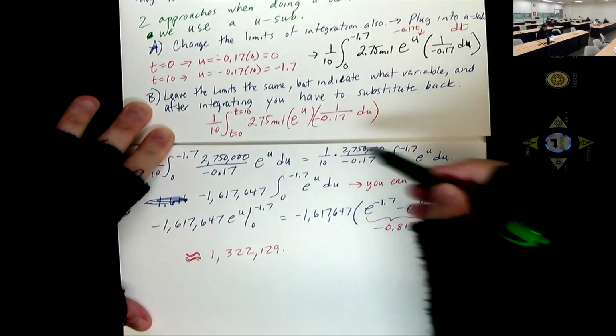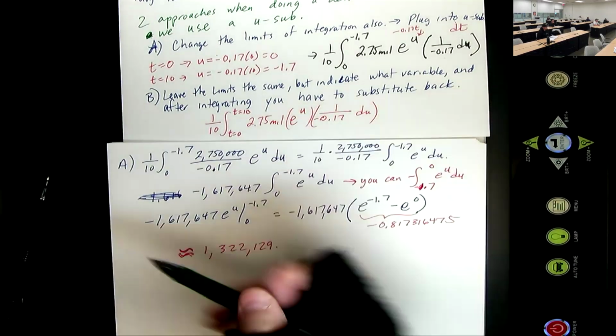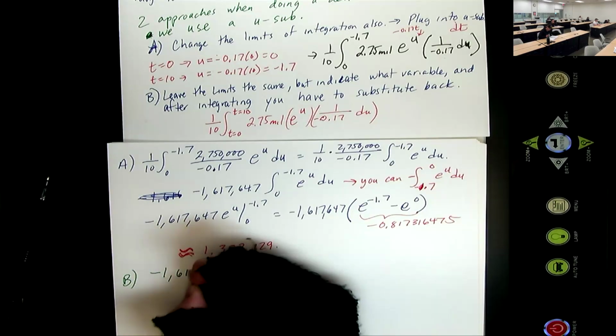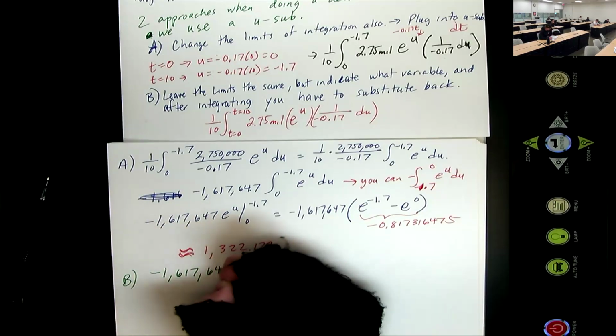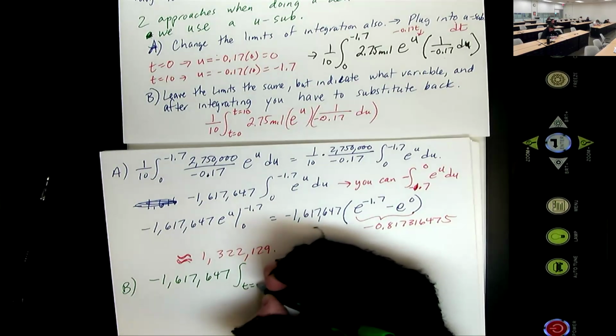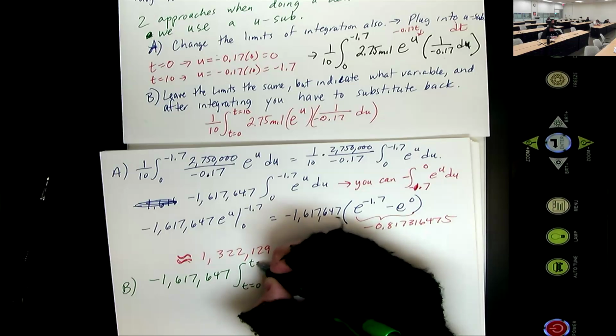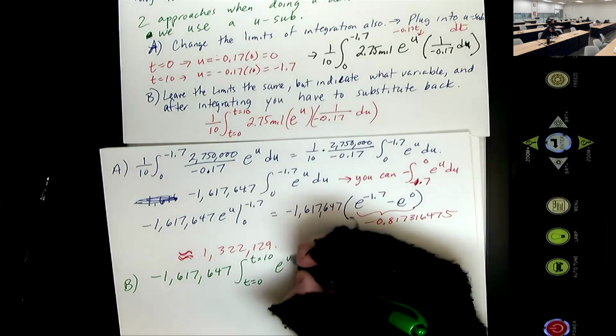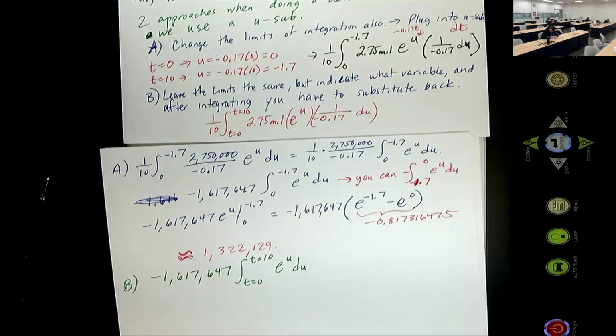So let's fast forward to having that value up front on B: negative 1,617,647. We have our integral, t equals 0, make sure you got the t in there, to t equals 10, e to the u du. That's really the only difference in these two methods.